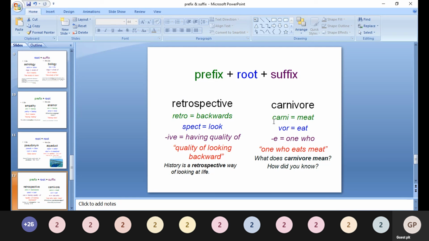Carnivore, carni is meat. Vor is to eat, voracious. The earthworm, it's a voracious eater, keeps on eating. So one who eats meat, carnivore.